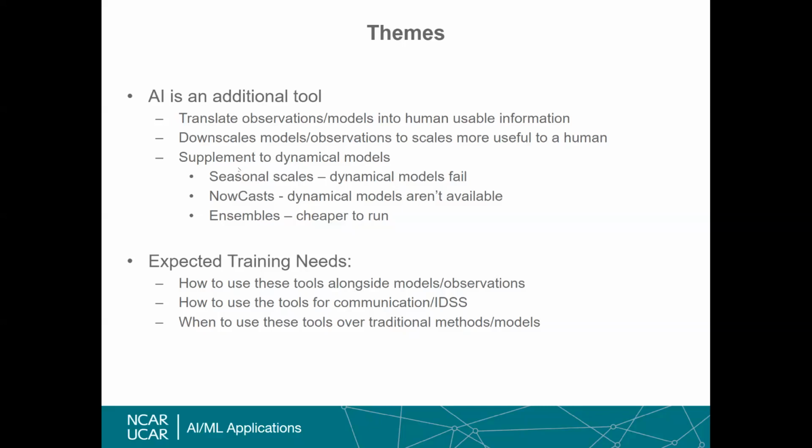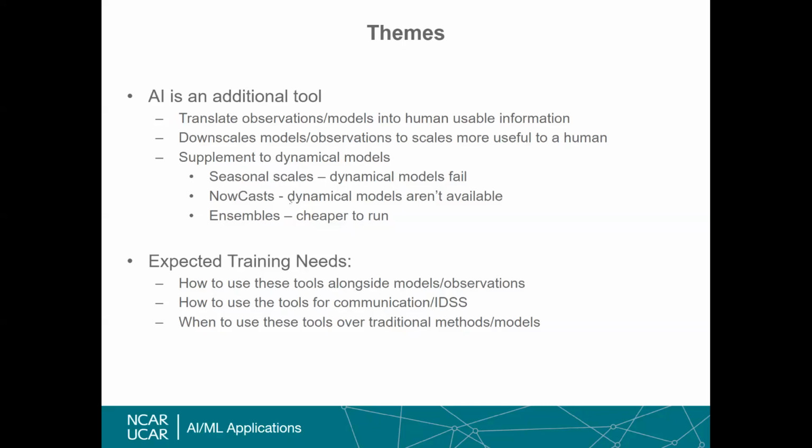And then it's used to sort of supplement dynamical models where they don't do so well traditionally. So seasonal scales, we saw with the heat waves, dynamical models typically fail, but the AI model can actually do a little bit better. Nowcasts, typically where dynamical models aren't available yet because they're slower and much more expensive to run.